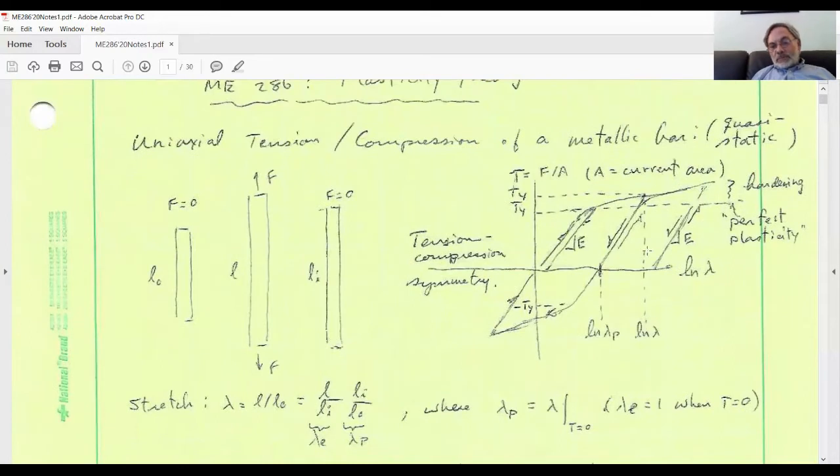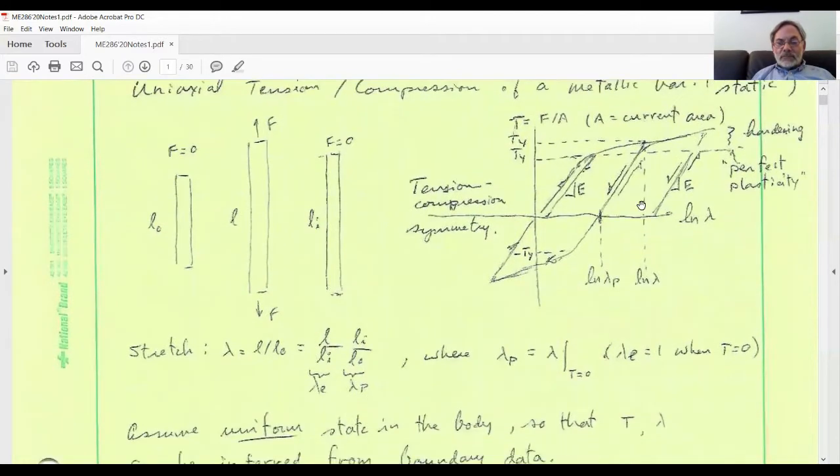And the reason is, loading from zero up to the current value of yield stress, the value of stress is achieved by multiplying the Young's modulus times this difference, natural log lambda minus natural log lambda p. So you can think of this as an elastic strain.